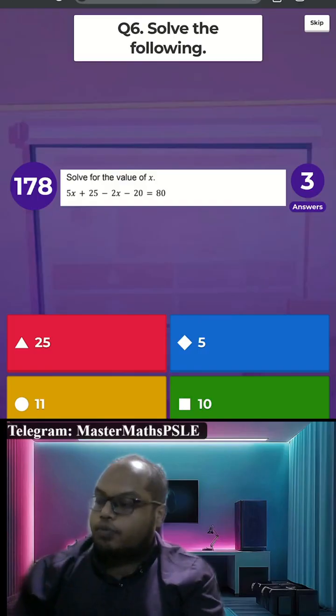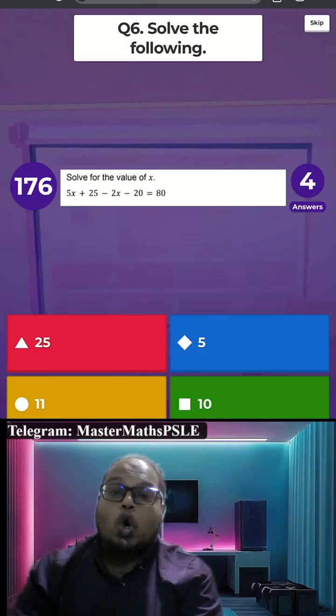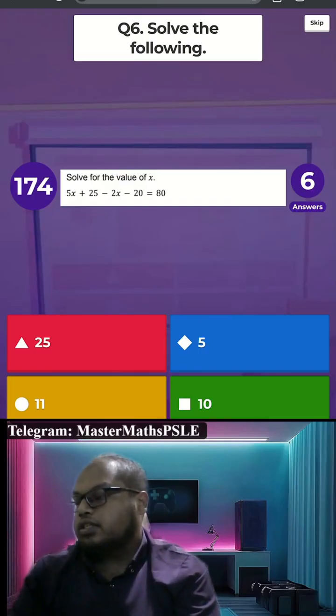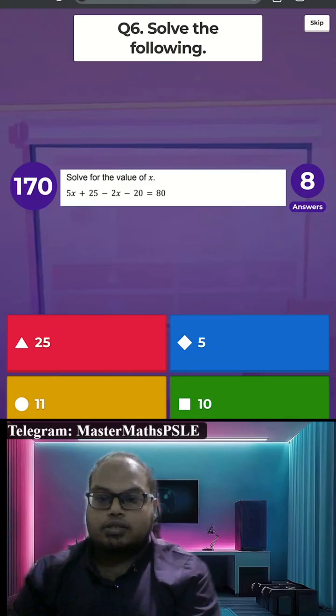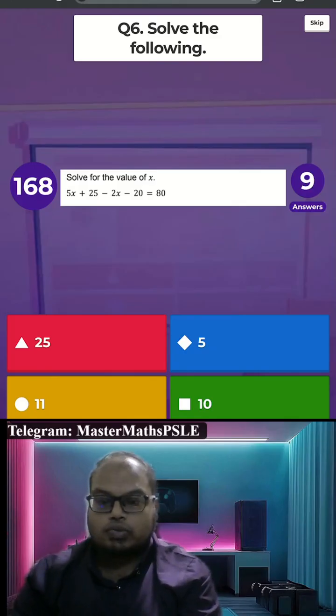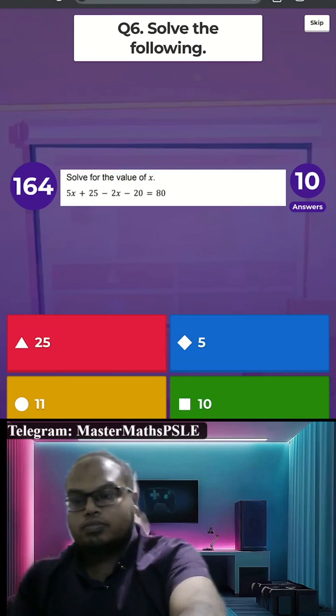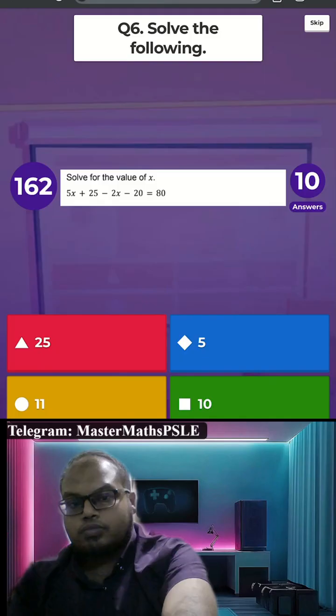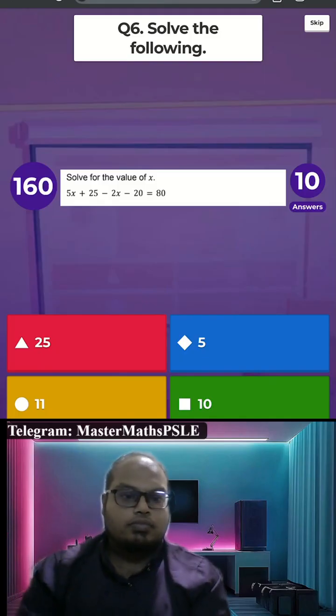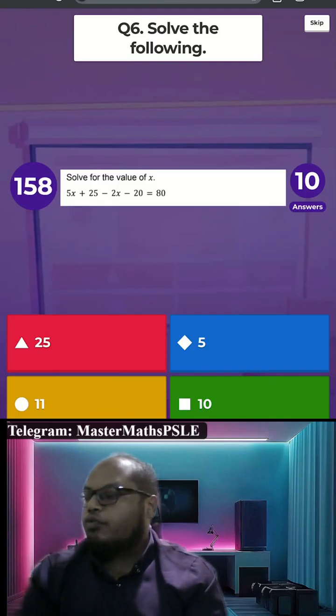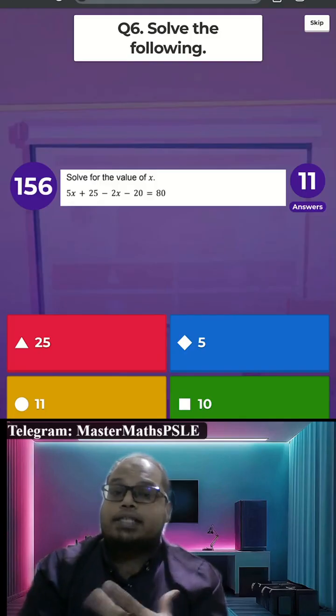Now solve for the value of X. For this question, we need to find what X equals.